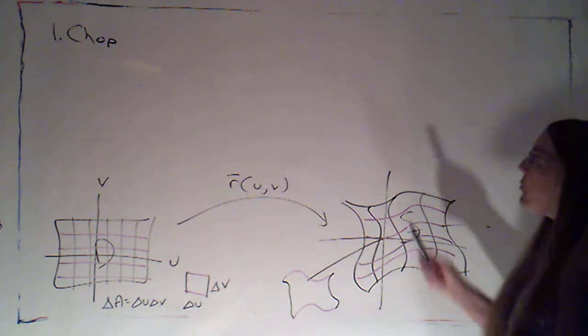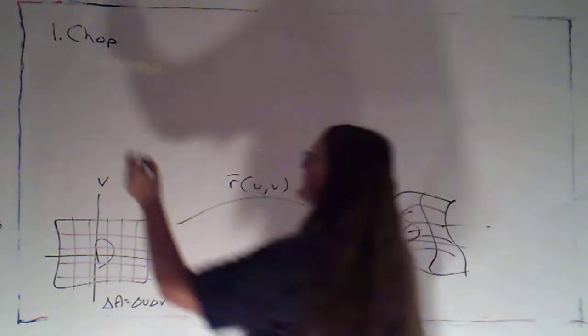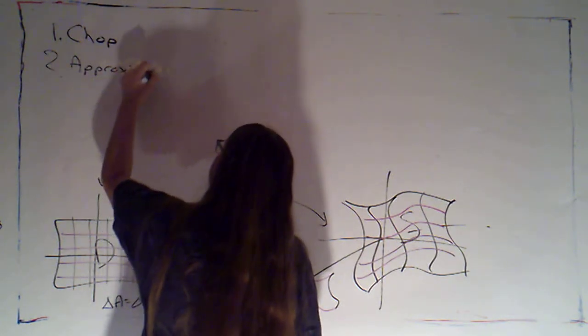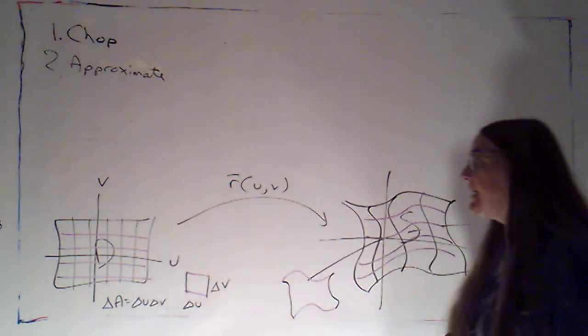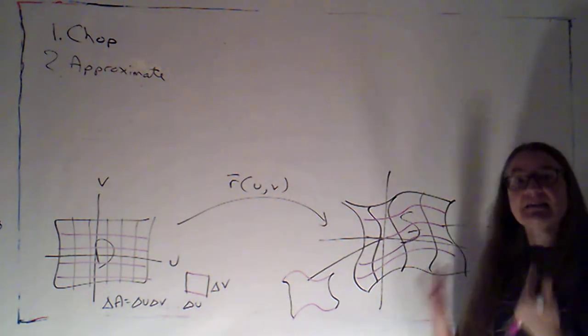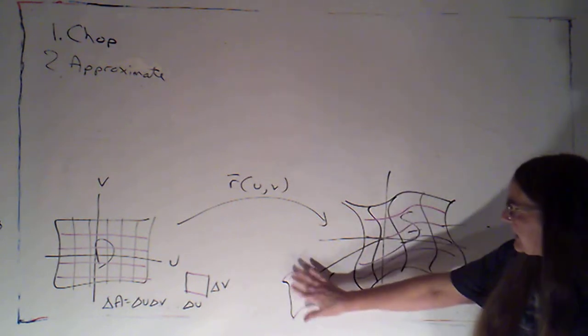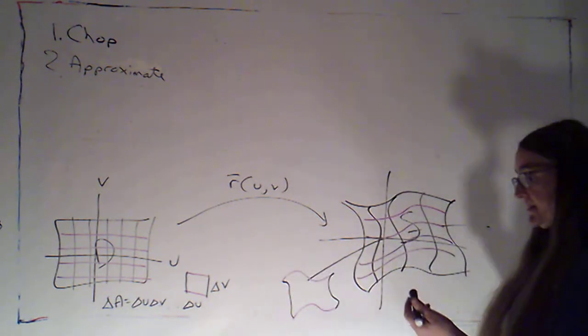Once I've chopped things up into little pieces, I want to approximate. So I'm approximating the signed volume that I get by attaching a signed height, a signed W value, to every point on each of these little patches of surface.